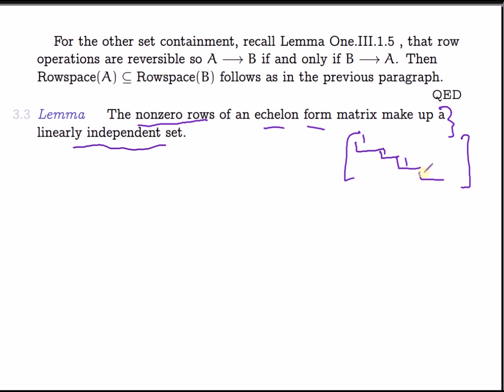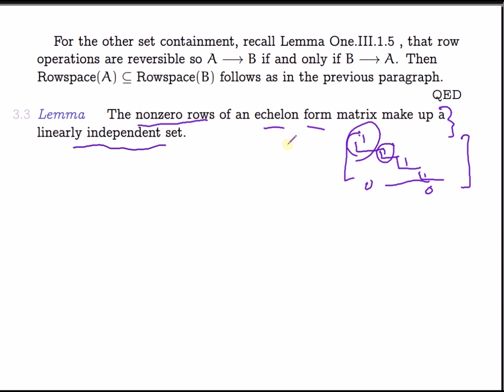And you may have zero rows here, and if you imagine a linear combination of such vectors, then the coefficient of the first vector must be 0 because no other vectors have a non-zero component there. And if this one has a 0 component, then this one will also have a 0 coefficient, and so on down the line. All right, so that's kind of the intuition behind this lemma.